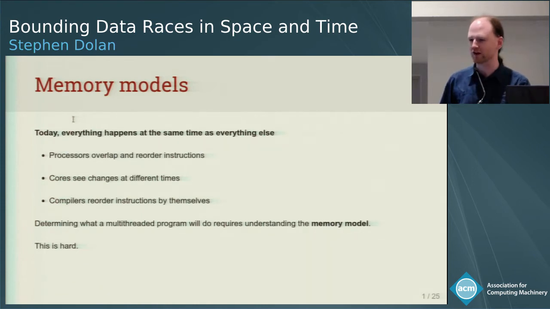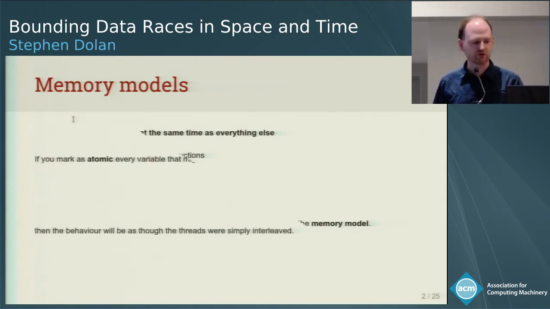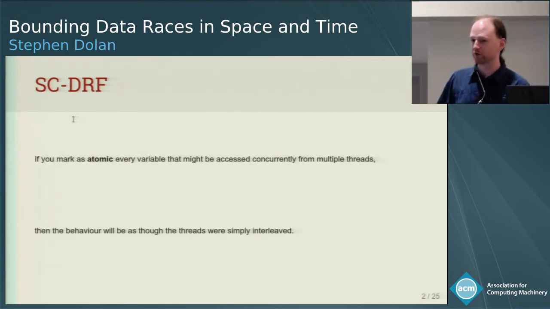So how do programmers actually write programs using multiple threads in C++ or Java or whatever? The main tool that they have available is this useful property called SC-DRF. The idea is the programmer agrees to label every variable that's going to be used from multiple threads. They say these variables are atomic variables, or in Java, volatile.